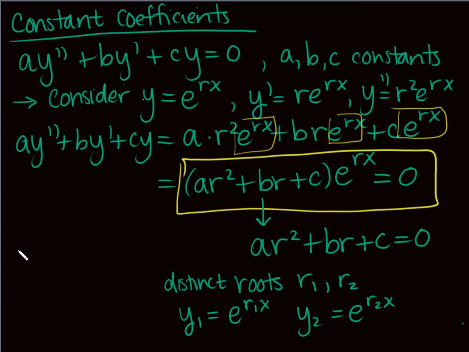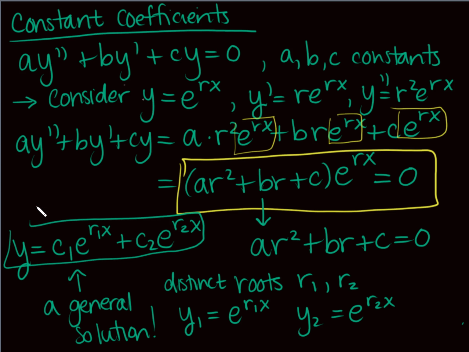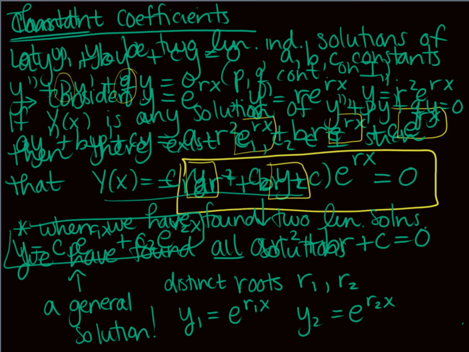So a general solution would be c1 e to the r1x plus c2 e to the r2x. This is a general solution. Isn't that neat? It's so easy. It's so pretty. That's it, people. Let's do some examples, obviously.